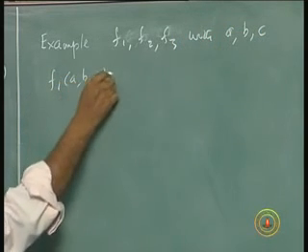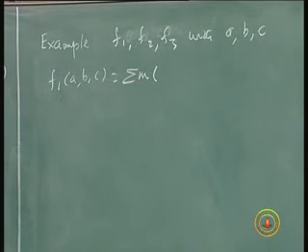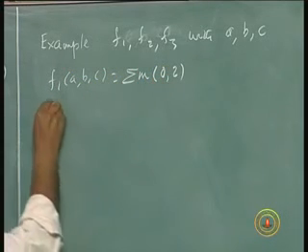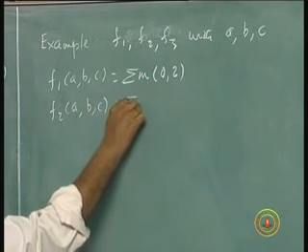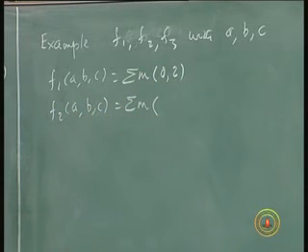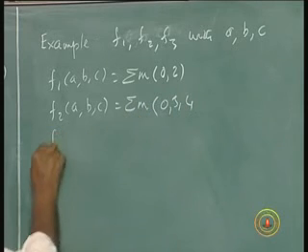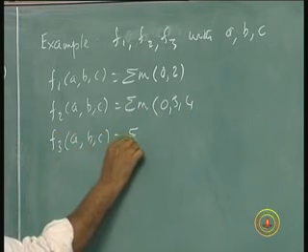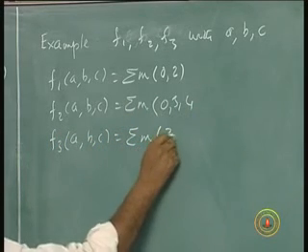F1 of ABC is sigma minterms 0, 2, only 2 minterms are required. F2 of ABC would be sigma minterms 0, 3, 4. And F3 is sigma minterms 3, 4, 5, 7.